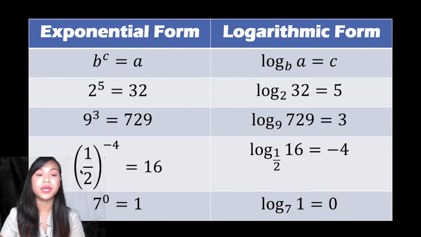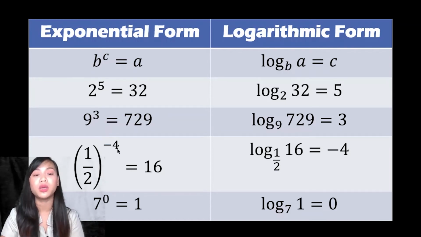Fourth example: we have 1/2 as our base raised to negative 4 in exponential form, which equals 16. Why does it become 16? This equation shows the law of negative exponents.